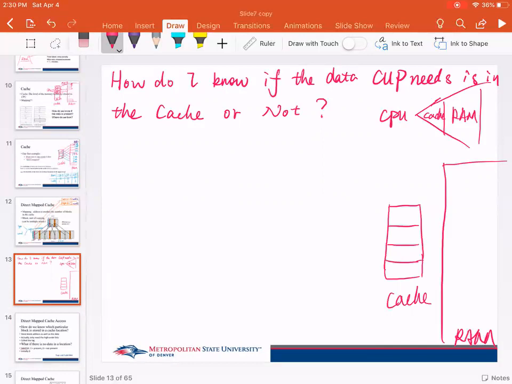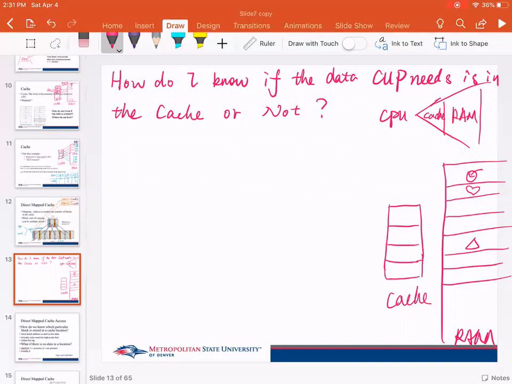Suppose the RAM looks like this, and I would like to read the apple. So my first memory location stores an apple, and my second memory location stores a heart.